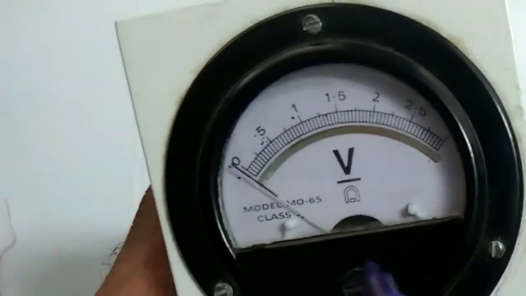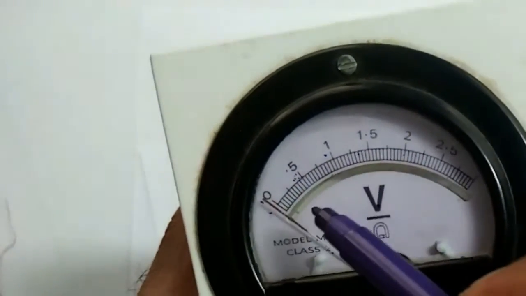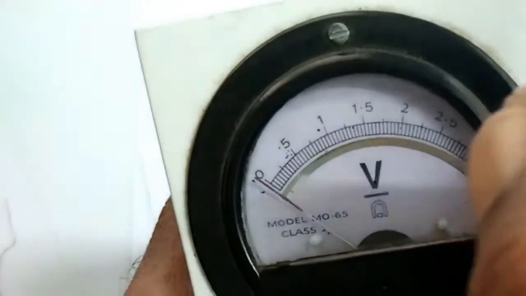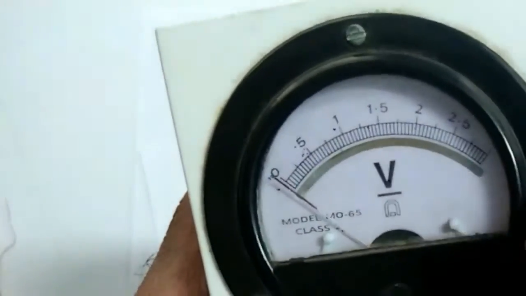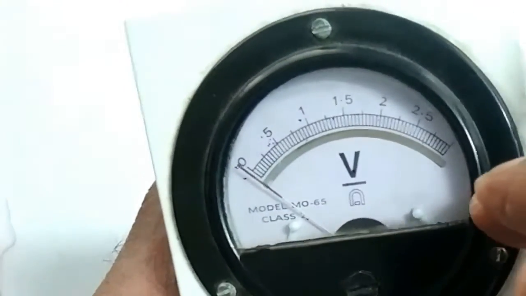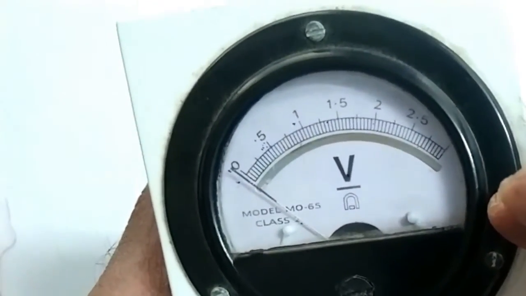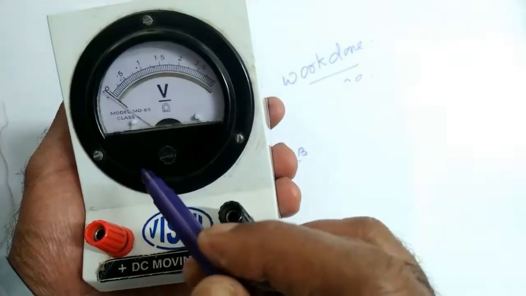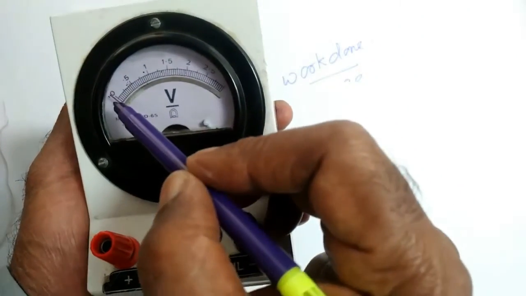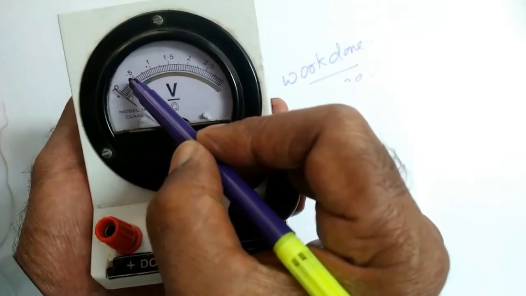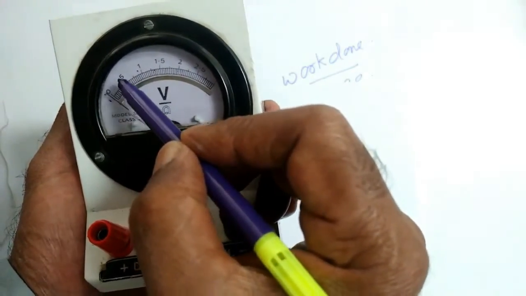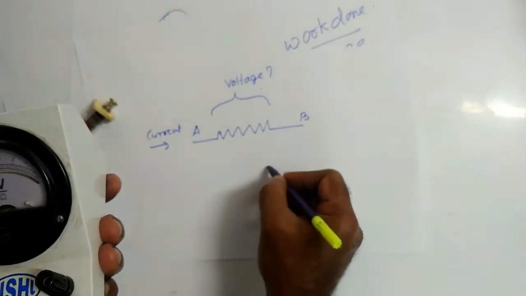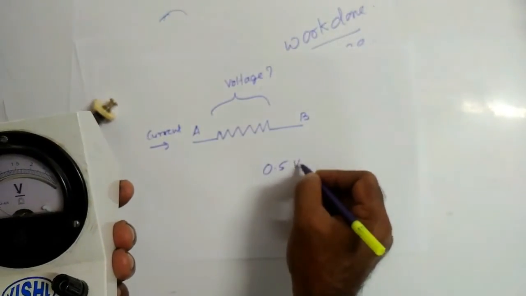Then find out what is the smallest value this device can measure. For example, you see, from here to here we have 0.5 volt. So let me write 0.5 volt.